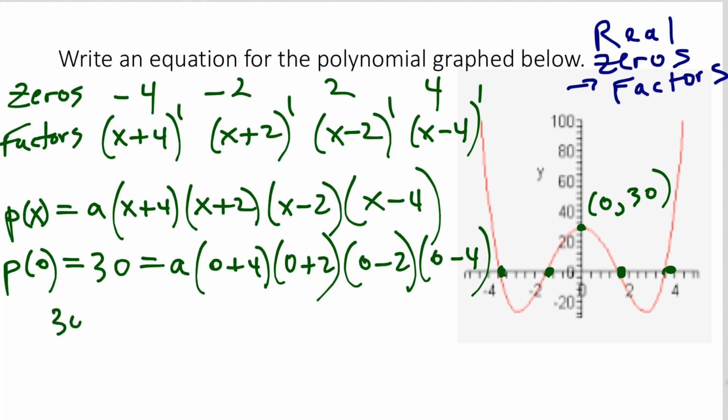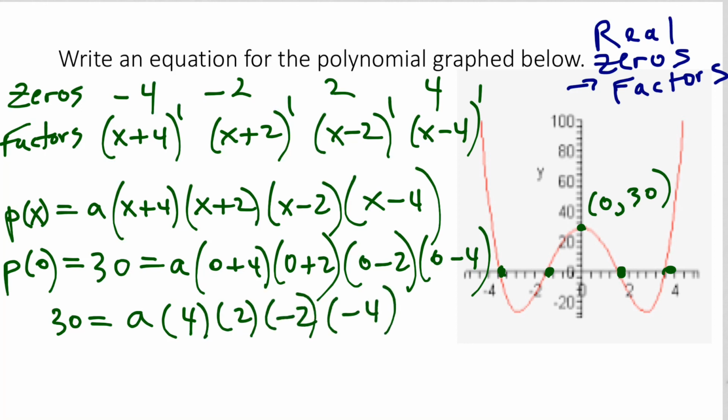So 30 is equal to a times 4 times 2 times negative 2 times negative 4. So that looks like 8 times 8. So 8 times 8 is 64. So that means a must be equal to 30 over 64.